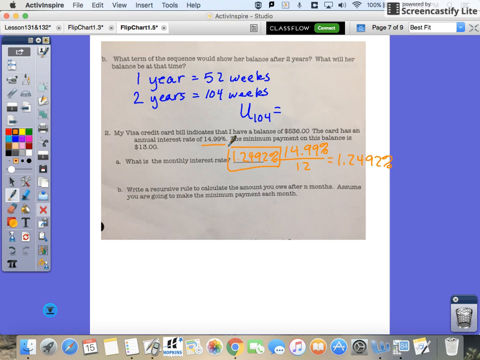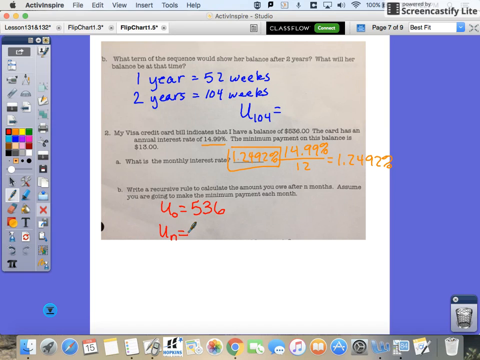Part B says, write a recursive rule to calculate the amount you owe after n months. Assume you're going to make the minimum payment each month. So this is going to be an example of a shifted geometric because they're going to gain some interest, but they're also going to lose money because you're going to pay a minimum payment of $13 each month. So U sub 0, meaning what you had at the start, is $536.